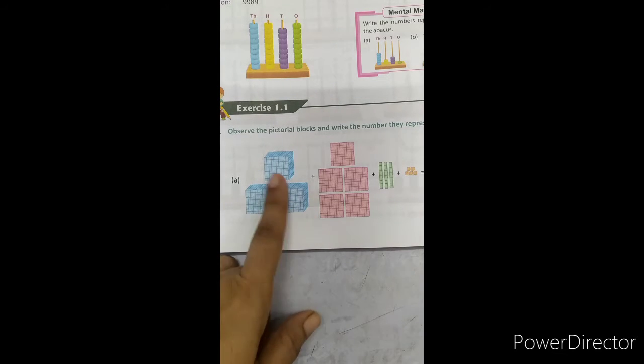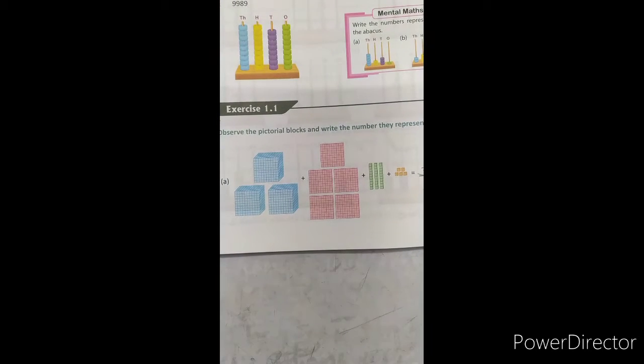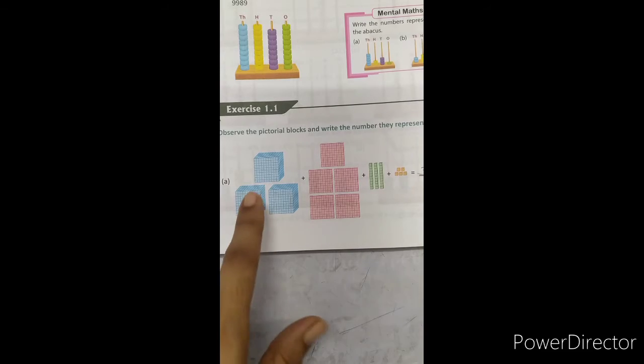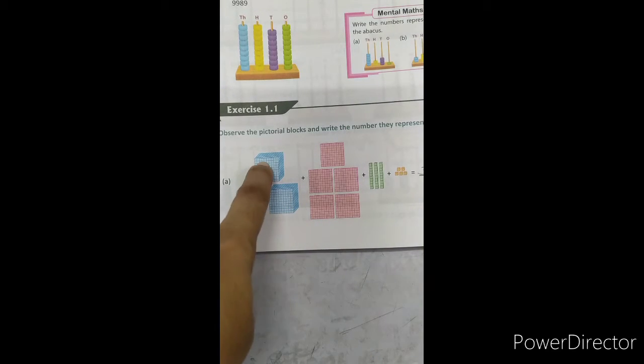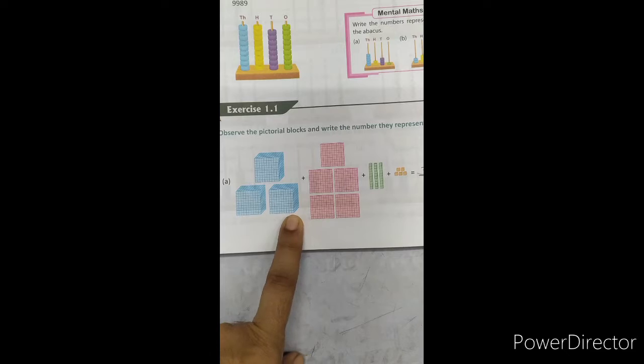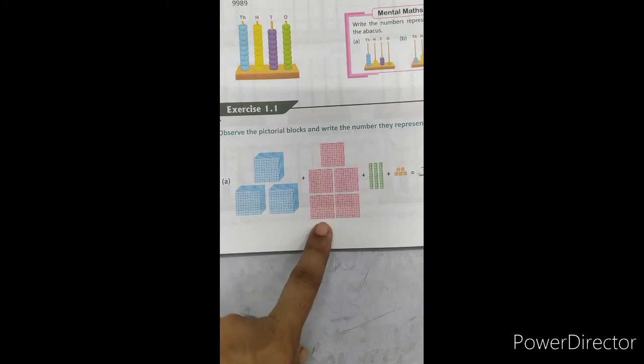So you can easily find out what the number is here. Now these blue cubes, you know that one blue cube represents 1000. There are 3 blue cubes, that means it is 3000. Then you have 500, because there are 5 number slabs.